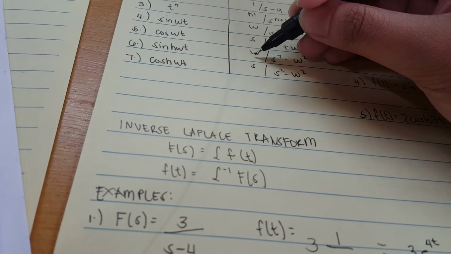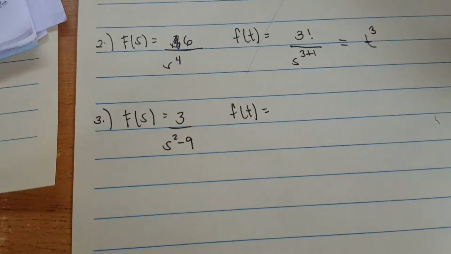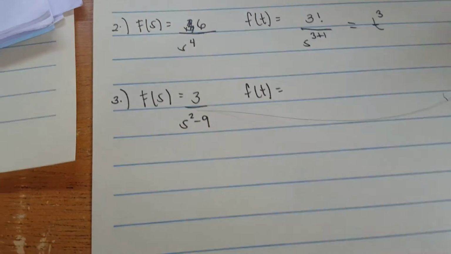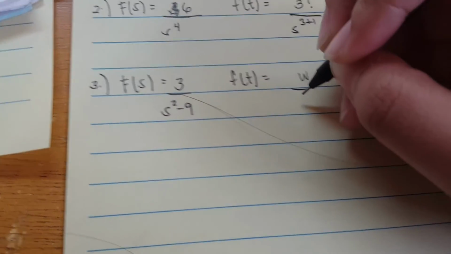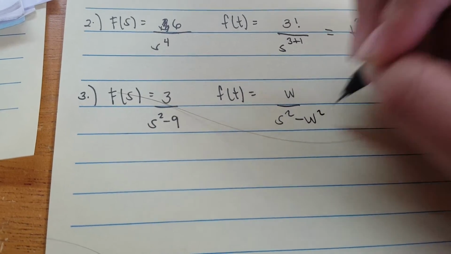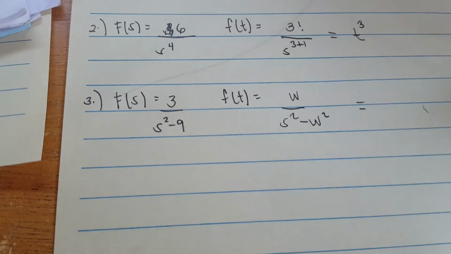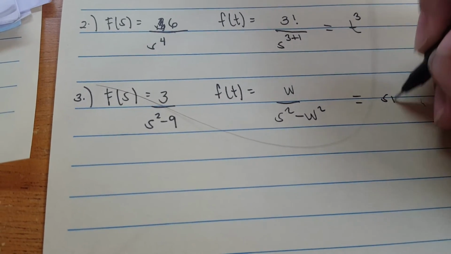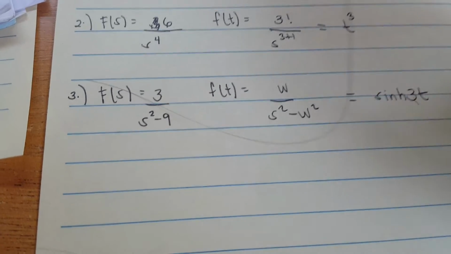W represents the constant in our equation. W over s squared minus w squared is equal to hyperbolic sine 3t.